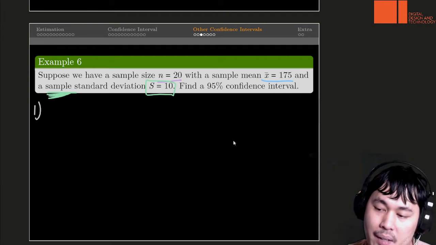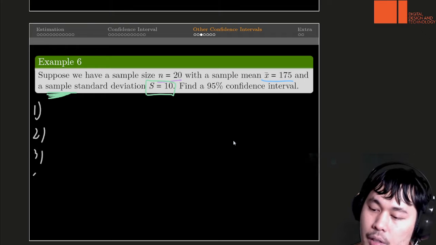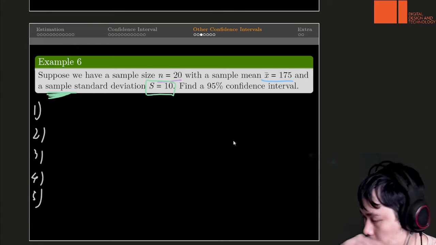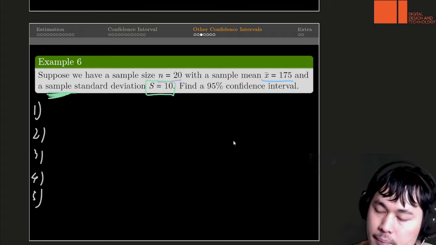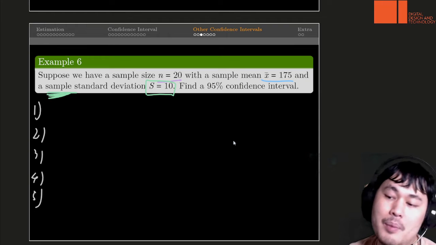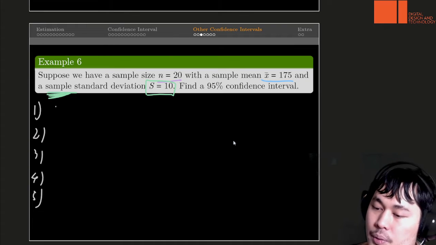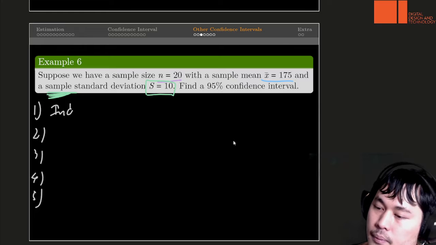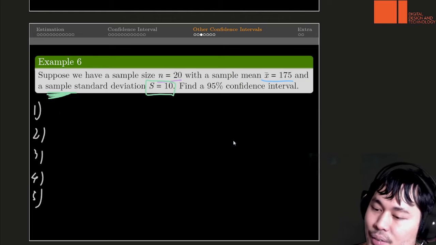And actually we still have to follow the 5 steps. Now the first step is more important because we have to identify everything ourselves.